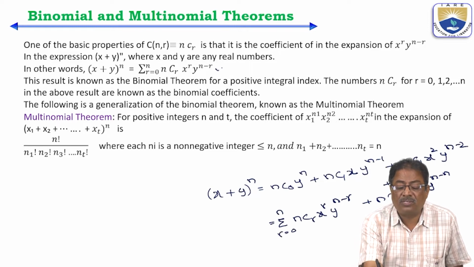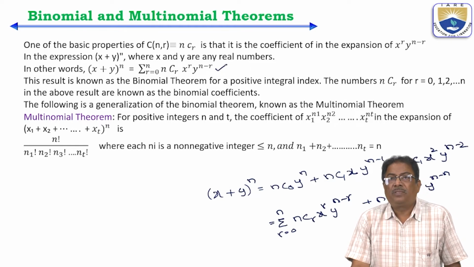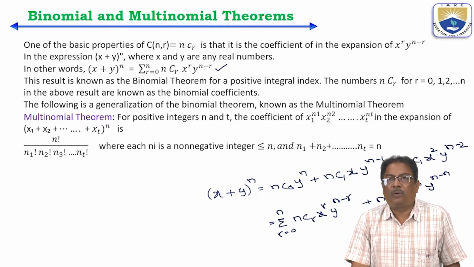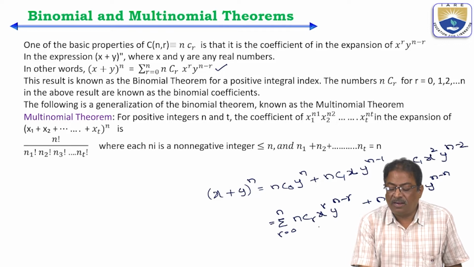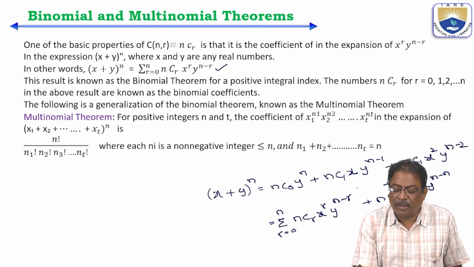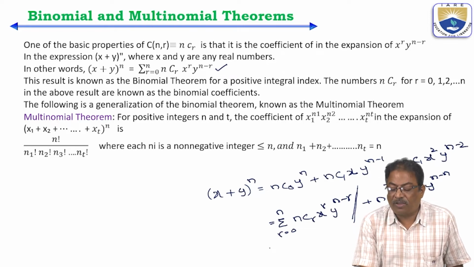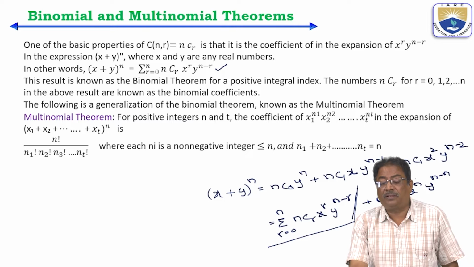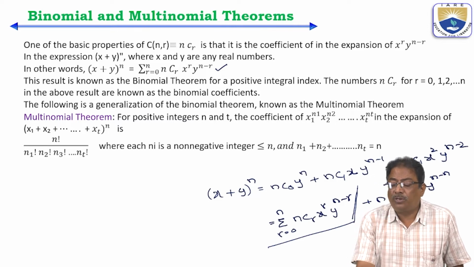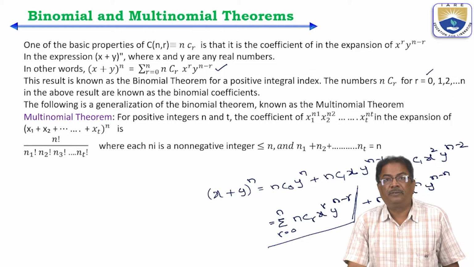So (x plus y) to the power of n is expanded as the summation of r equals 0 to n of nCr x to the power of r y to the power of n minus r. This is the binomial theorem, where r varies from 0 to n.